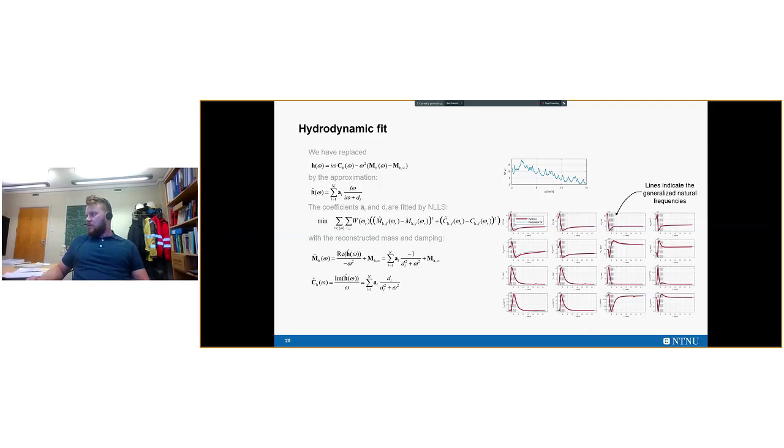I have also added some vertical lines to these plots that indicate the natural frequencies from these generalized shapes. And we see that these frequencies occur in the frequency range where we have a large variation of our parameters.